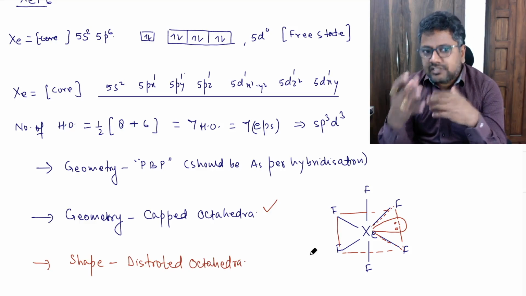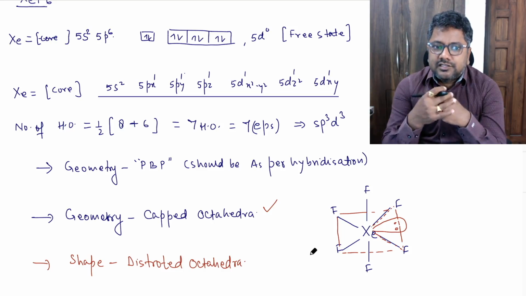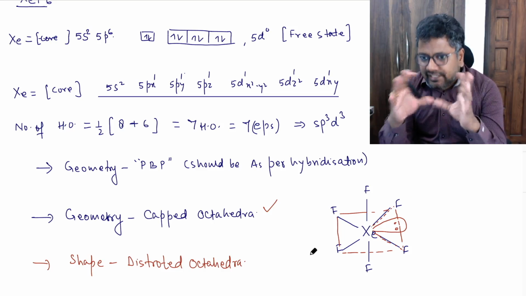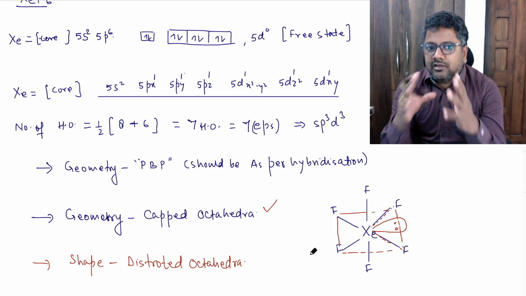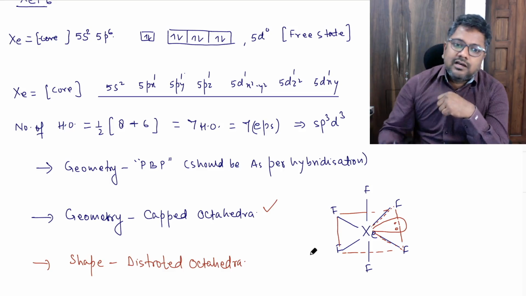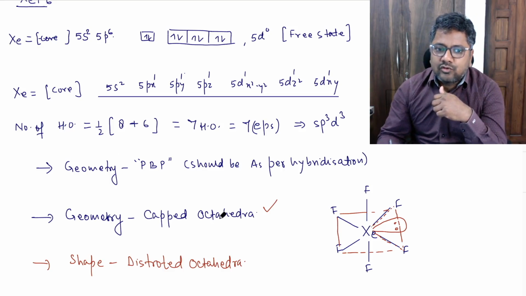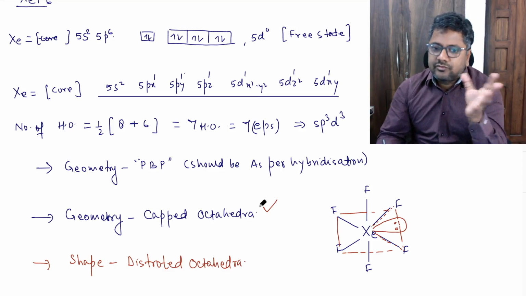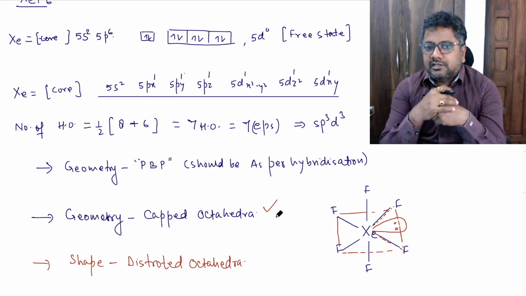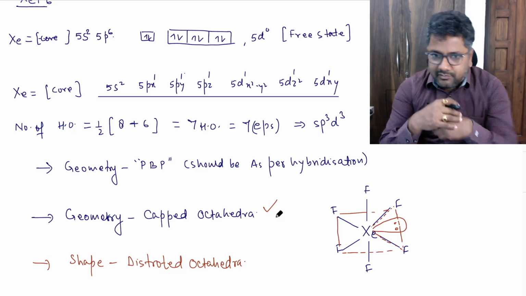And as per the hybridization, sp3d3 suggests that this should be pentagonal bipyramidal, but the X-ray diffraction technique, which gives the structure of this molecule, will not match the credentials of pentagonal bipyramidal. Those credentials are closer to the octahedron. So we should say that this is a distorted octahedron, not pentagonal bipyramidal, right?